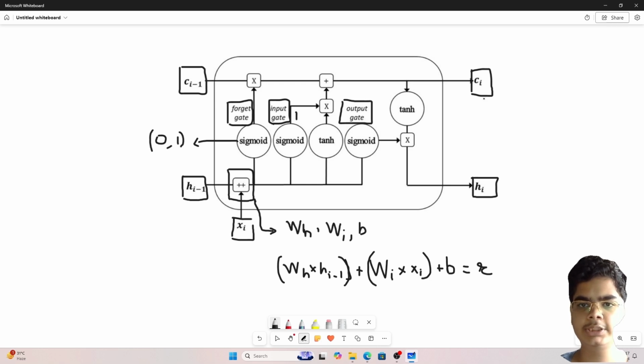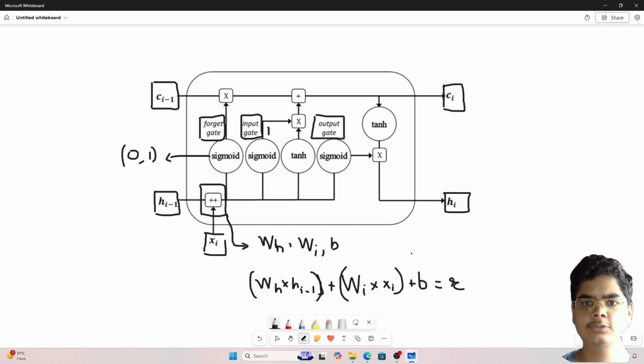So this represents that the cell state will be passed on to the next time step, that is I, and the hidden state will be also passed on to the next time step, which is again I. Also, the sigmoid function in this output gate helps to decide whether something should be outputted or not. So it decides whether something should be stored in this hidden state or not.